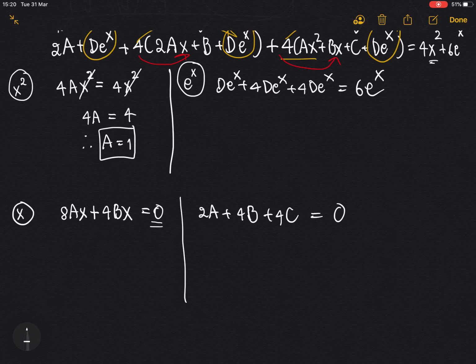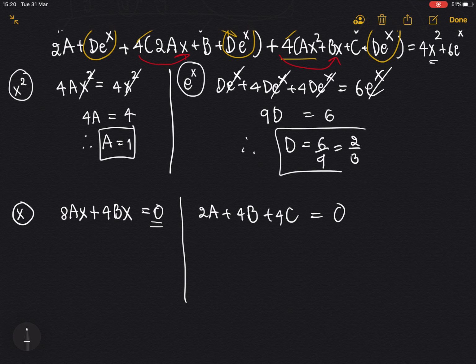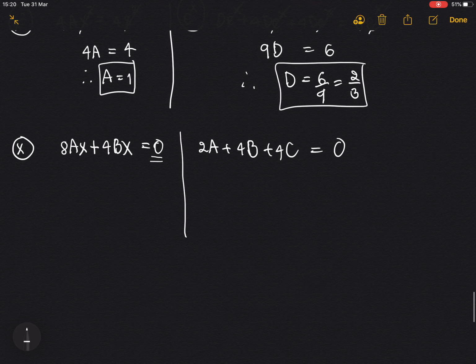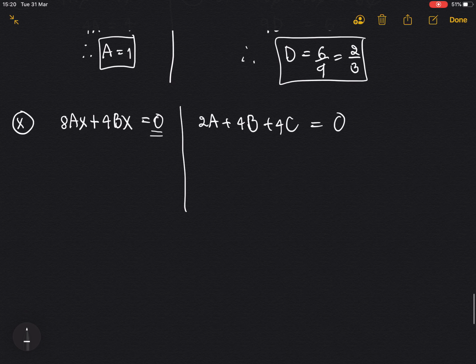And again, likewise in this case as well, the exponential of x can be eliminated. Therefore on that side we will have 9d equivalent to 6. Therefore our d is equivalent to 6 divided by 9. In other words, it is 2 divided by 3. Right, that's for the values of d and a.